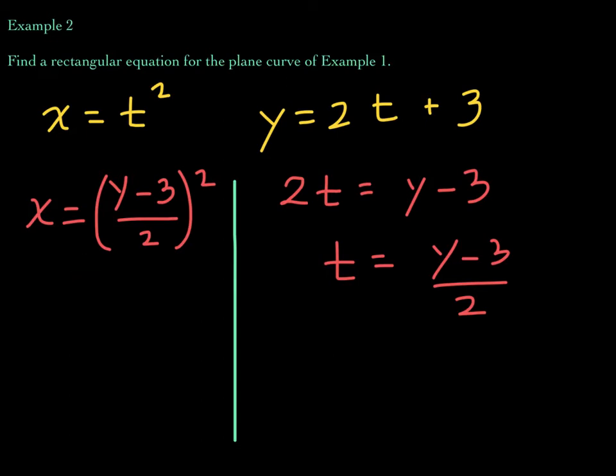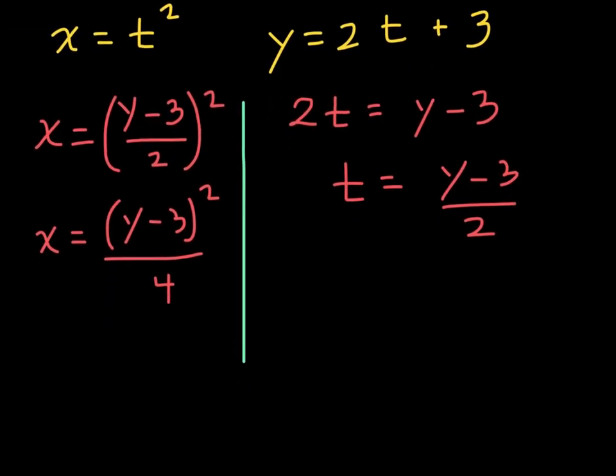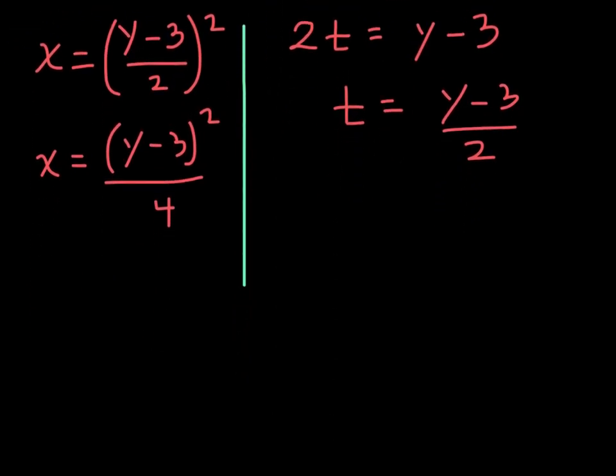All right, so let's do it. Let's simplify this a little bit. So you've got x is equal to (y minus 3) quantity squared over 2 squared, which is 4. So what we can do here is multiply both sides by 4, and you get 4x is equal to (y minus 3) quantity squared.